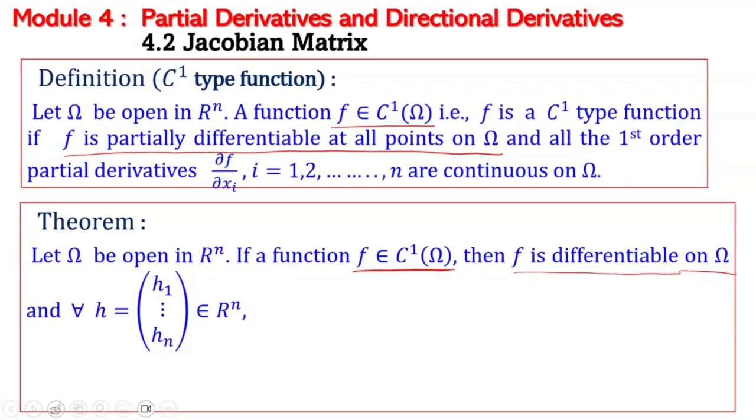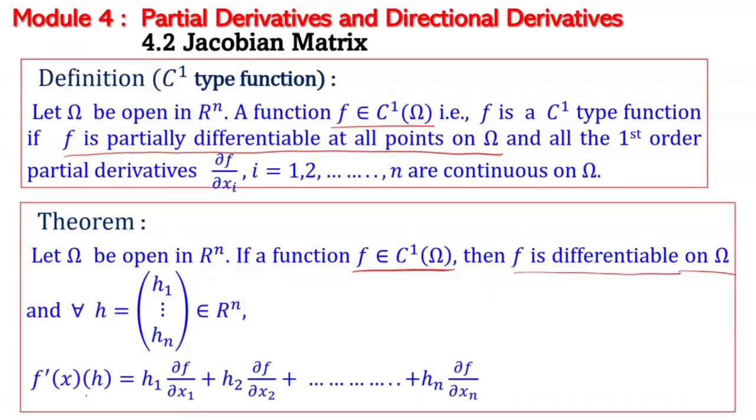And from a previous theorem we have that if it is differentiable, then we can always write it like this. So this is the Jacobian of f at the point A, dot h.